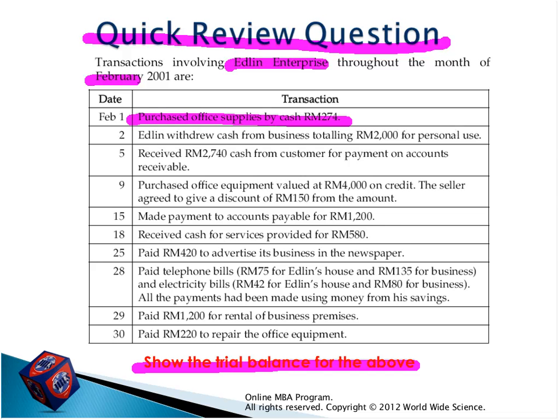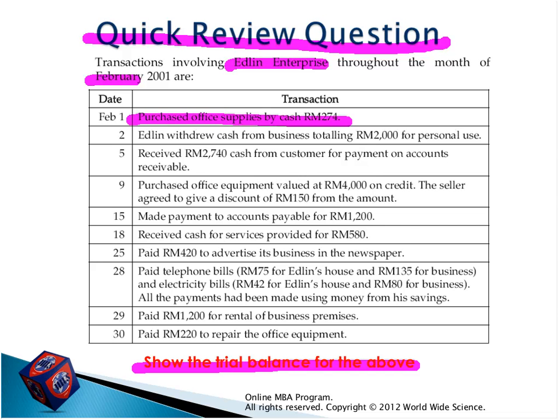So first you must identify what kind of transaction it is: expenses, revenue, or assets. First, purchase office supplies. That means we buy some office supplies. So we made some expenses, right? For 274. And our expense has been increased. As expense is increased, we show it on the credit side.